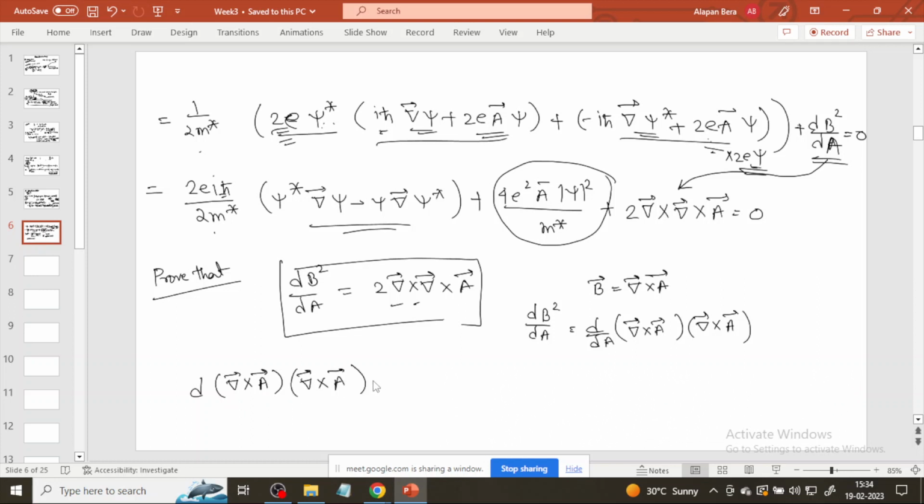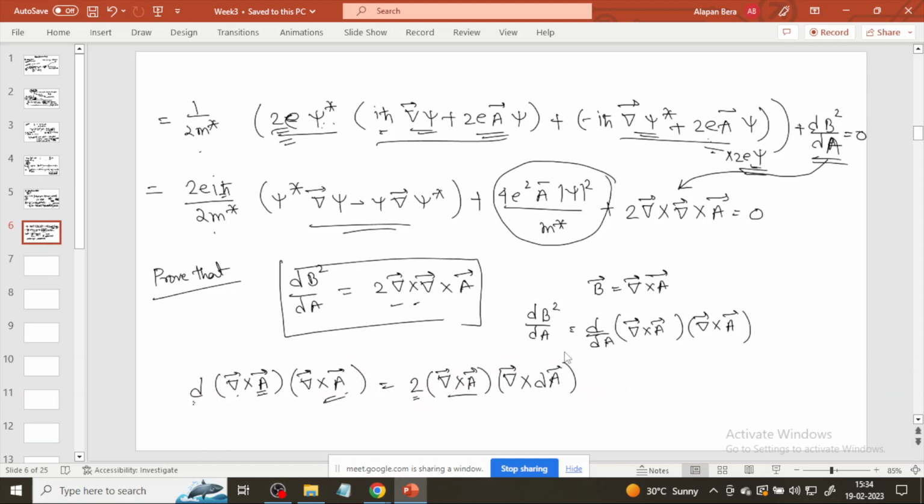What is this term basically? This gives us 2 into curl of A dot curl of dA, because when we take the derivative in this term, it gives us curl of A times curl of dA, and when we take the derivative in the other term, it also gives the same term. So these two add up and give us 2.